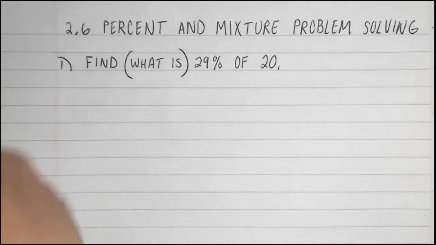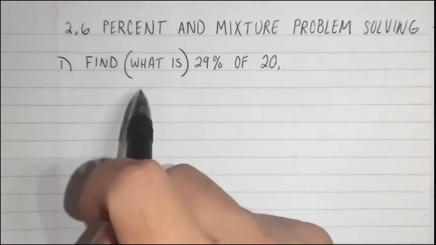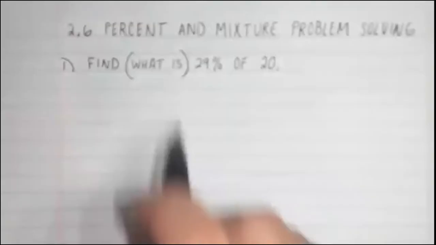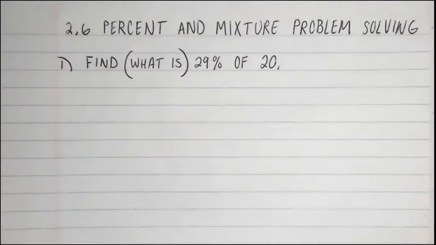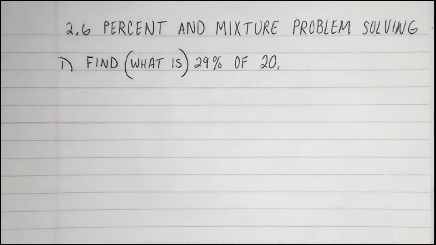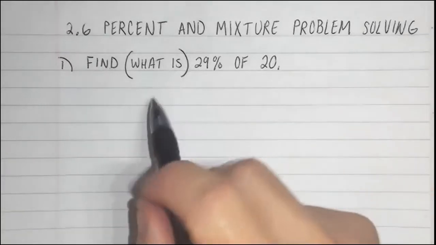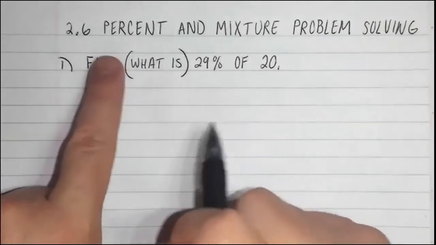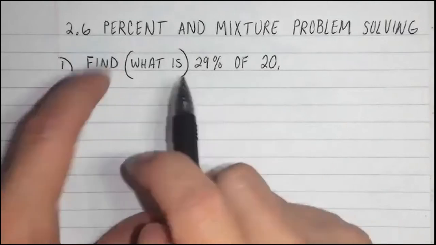So here we go, we start out. Now this problem actually didn't say what is, it said find 29% of 20. And find is really what is, okay? When it says find, what you're saying is what is 29% of 20?